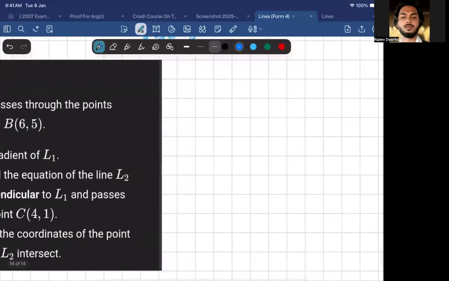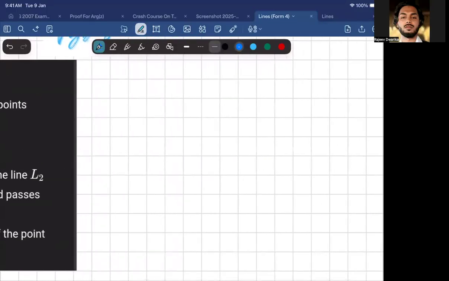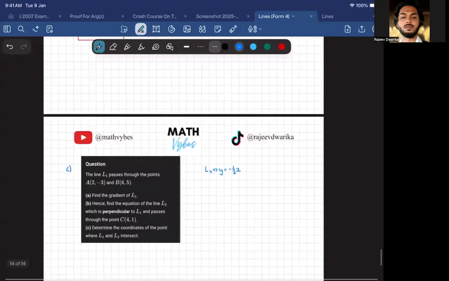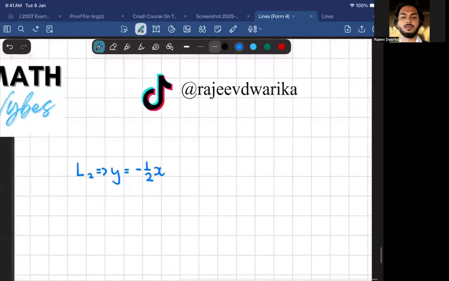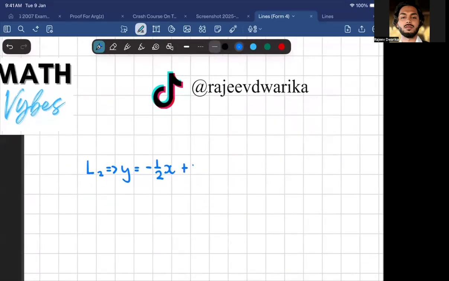So I know that the equation for L2 is y equals negative a half x plus 3. It's 3, yeah.